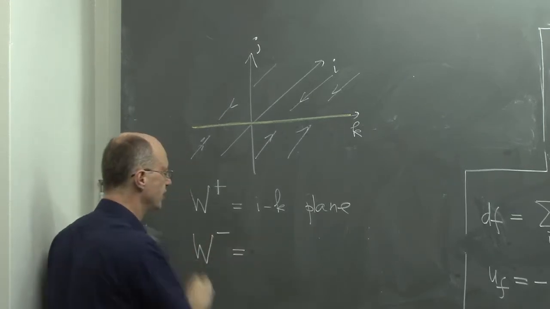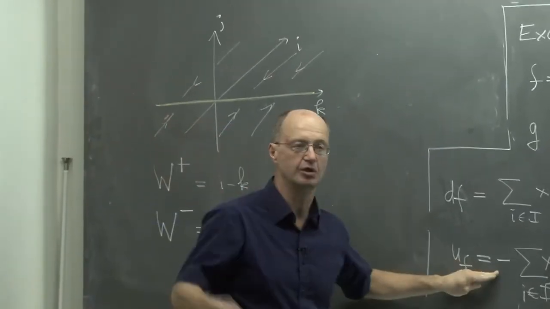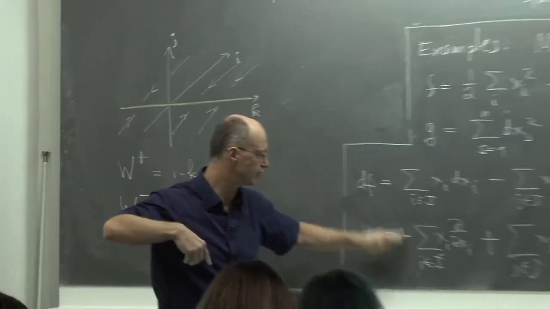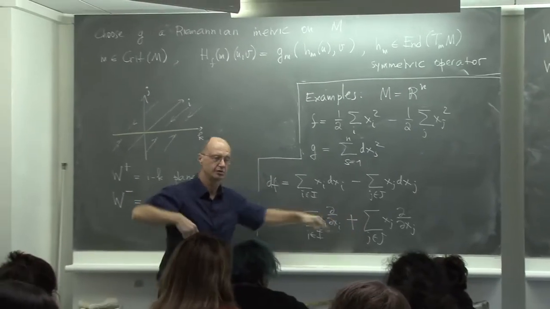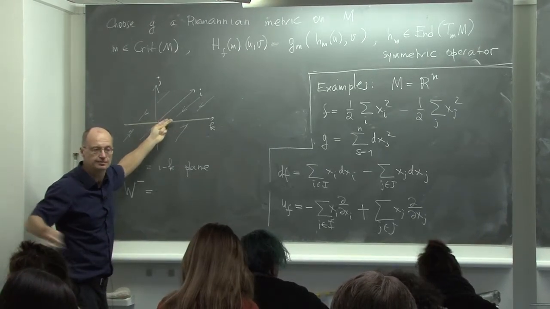What will be W minus? W minus means that we run the time in the opposite direction, so we change the signs here. By analogy, this should be the JK plane.